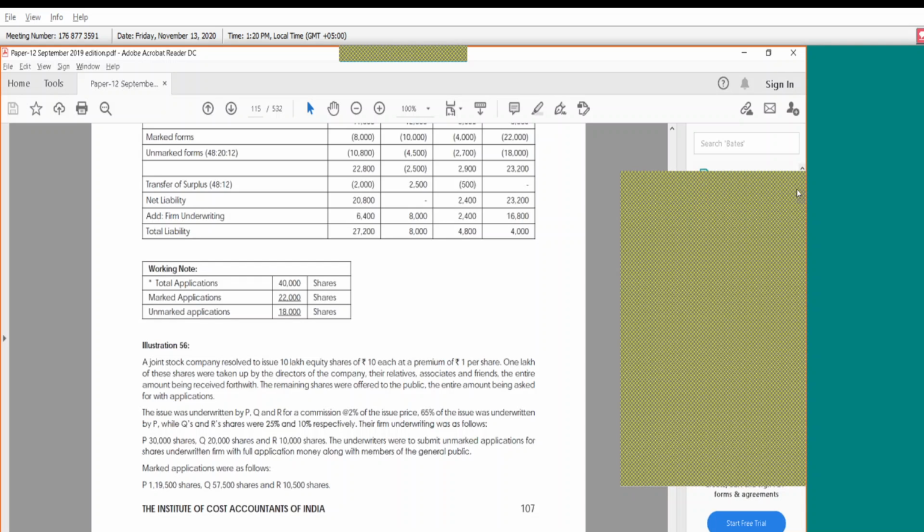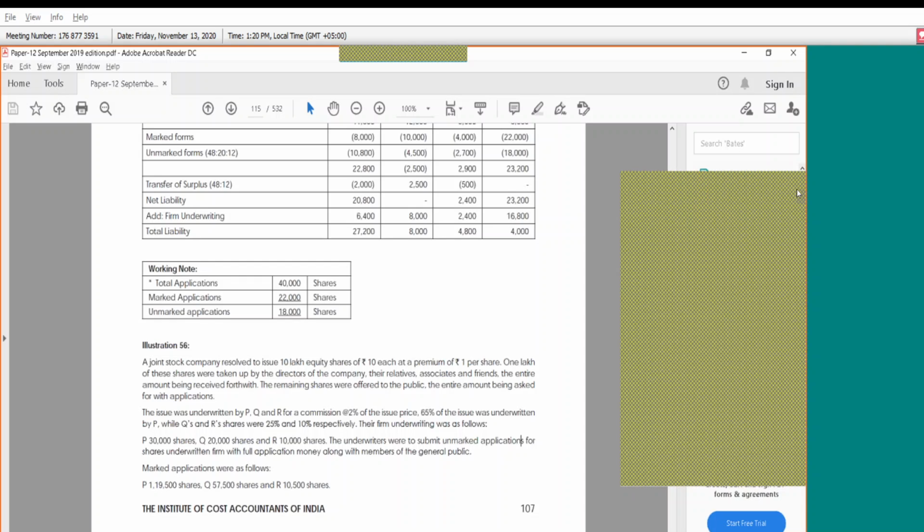Meaning, normally we will deduct this firm underwriting separately. But in this problem, we should not deduct separately. Rather, we have to deduct along with the unmarked application, because that unmarked application includes firm underwriting also. That is the new learning. All other things are the same. Unmarked application means general public directly purchasing from the company.